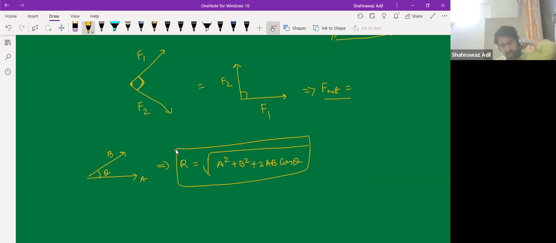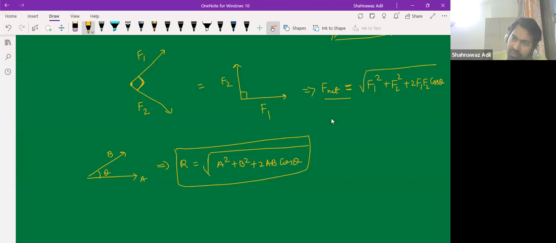So then what would be F net? F net would be F1 square plus F2 square plus 2 F1 F2 cos theta.